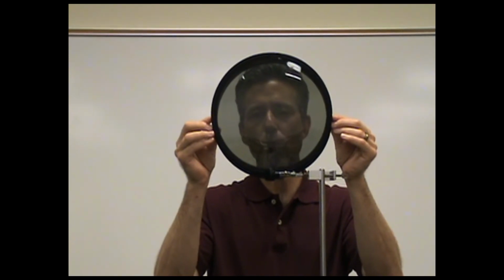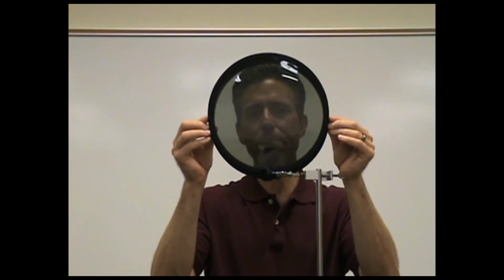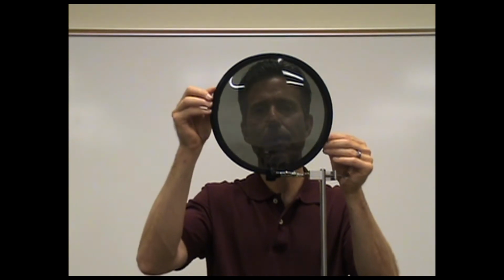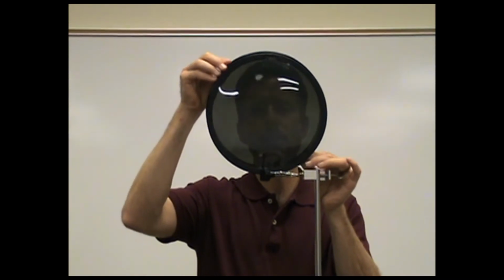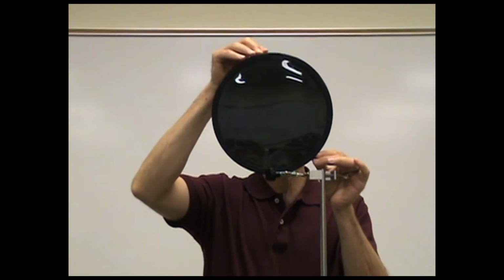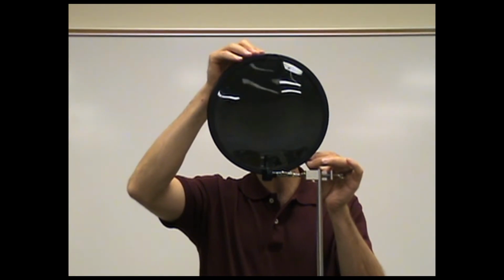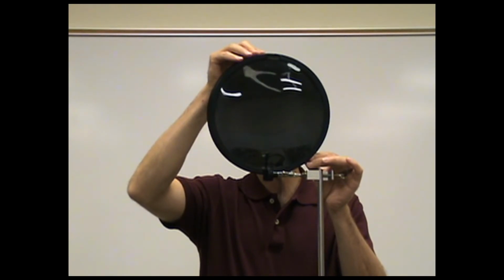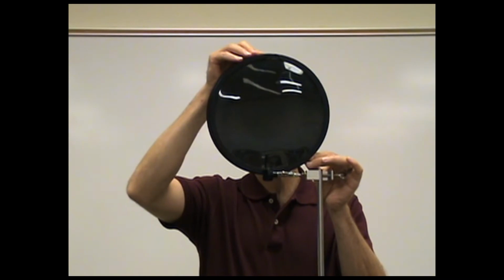Take a look at what happens to the light leaving my face when I do that. I'm going to slowly rotate it, and now you should see that in this position no light should get through to the camera lens.